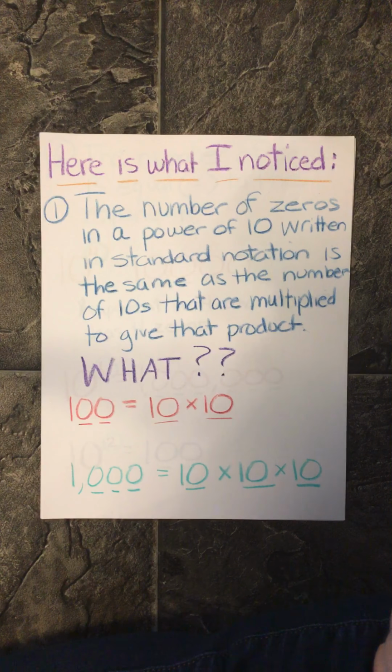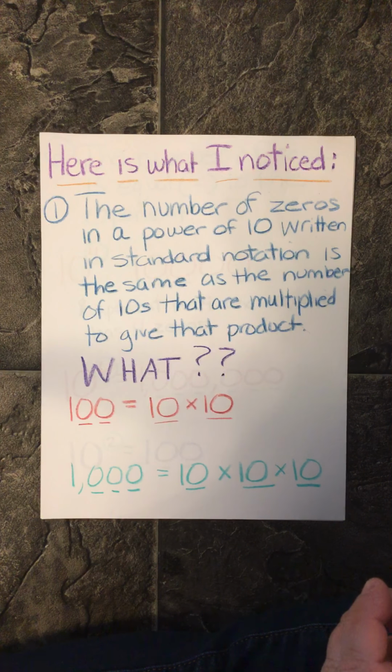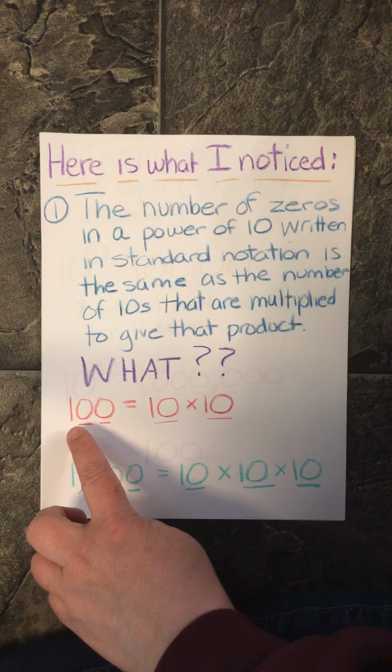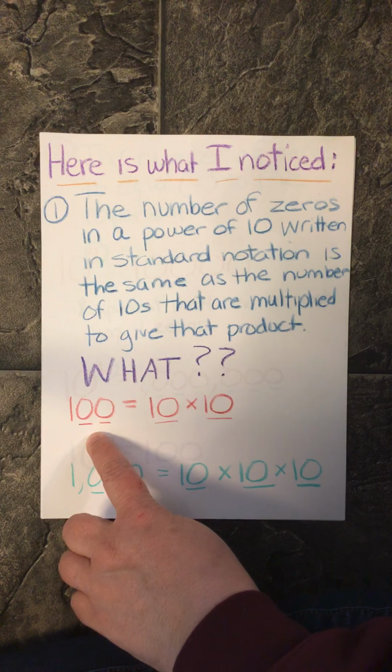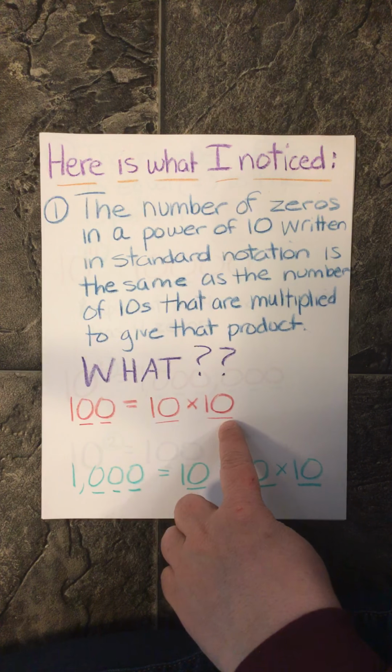Here's what I noticed. The number of zeros in a power of 10 written in standard notation is the same as the number of tens that are multiplied to give you that product. Wait, what do you mean by that? Well, in 100, which is standard notation, you are taking 10 times 10.